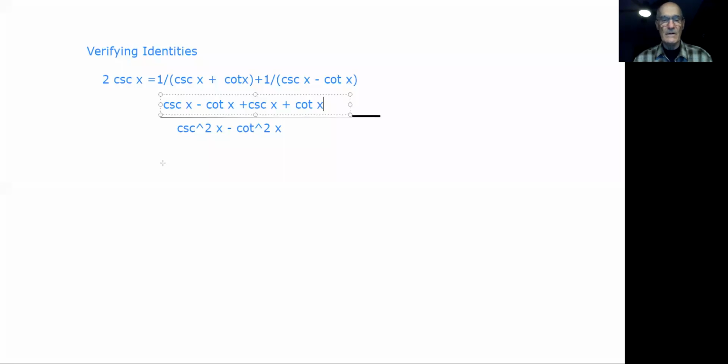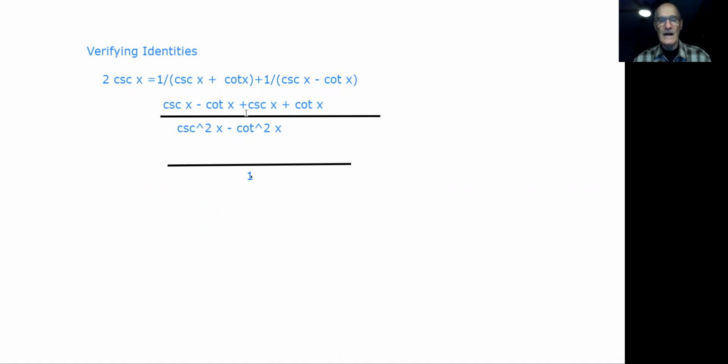So if we come down here with our next term now, and the other thing, if you'll go back and look at your Pythagorean identities, the cotangent squared x plus 1 equals the cosecant squared x. So cosecant squared x minus cotangent squared x, on the bottom here, it's just 1.